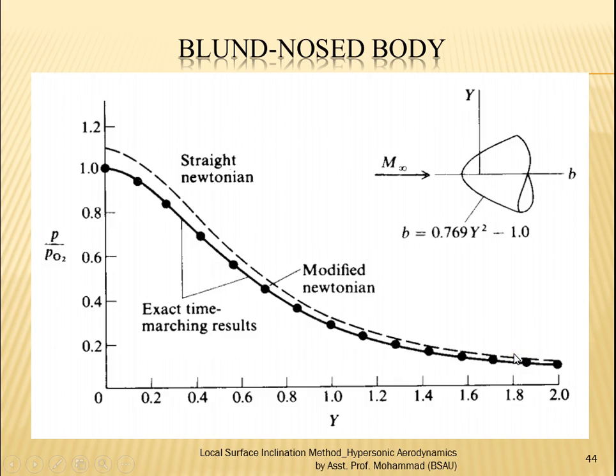We just use the value of 2 and found this. There are small differences, and then when the modified Newtonian law was utilized, it matched amazingly with the exact solution. The dots are the modified Newtonian law. It actually matched almost 100%. So that is the modified Newtonian law and the straight Newtonian law.